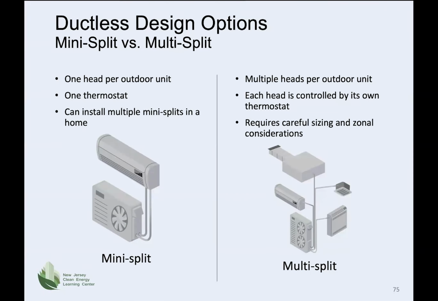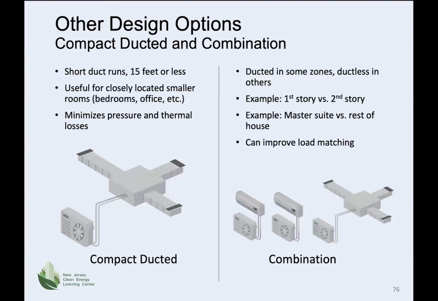On the top here, you can see this is a representative of a compact ducted system. Below that, on the left, is a wall sconce air handler. On the right, just below the compact ducted system, is a ceiling unit. And then on the bottom below that is a floor-mounted air handler.